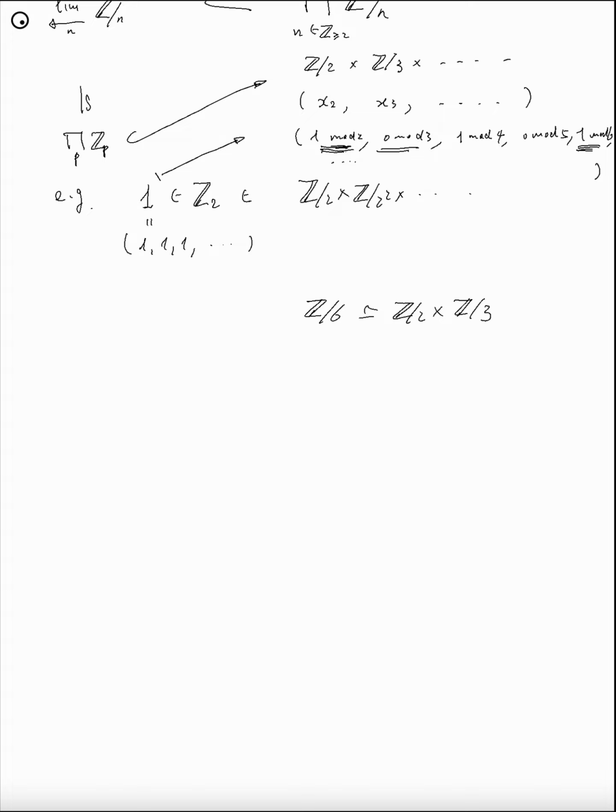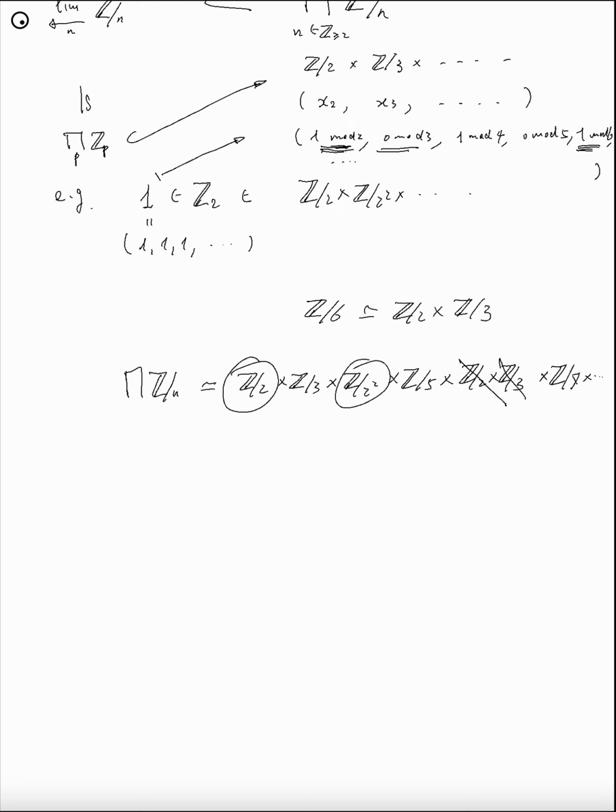What you are doing is inside here you're taking Z mod 2, Z mod 3, Z mod 2 square, Z mod 5, and Z mod 6 is again Z mod 2 and Z mod 3, but this is duplicated information, because once you know what is here, you know this. And then Z mod 7, and finally you will see that what you are left with is only the prime powers.